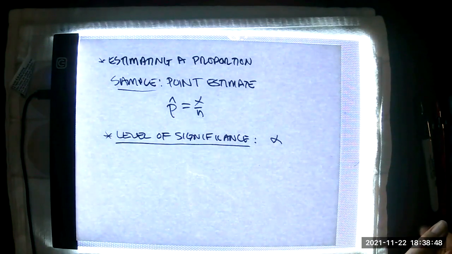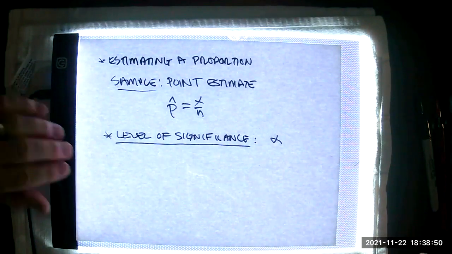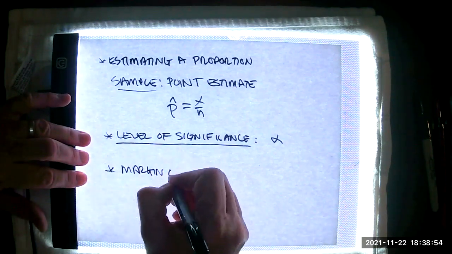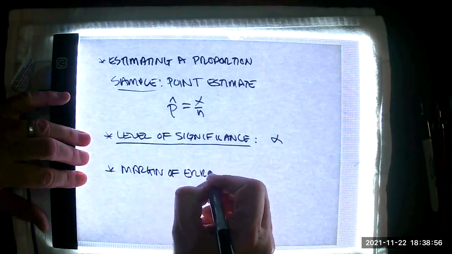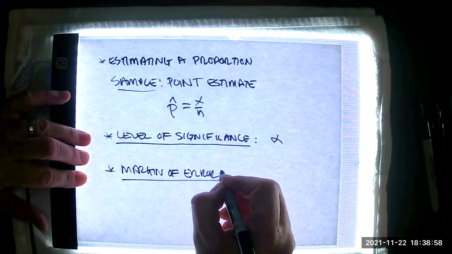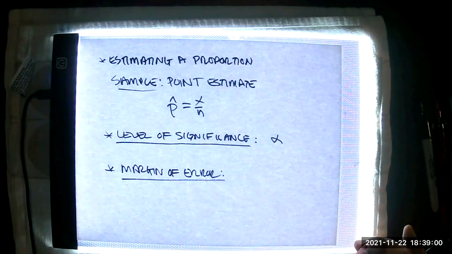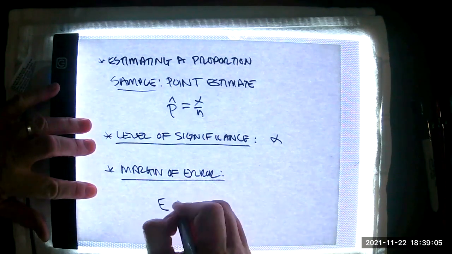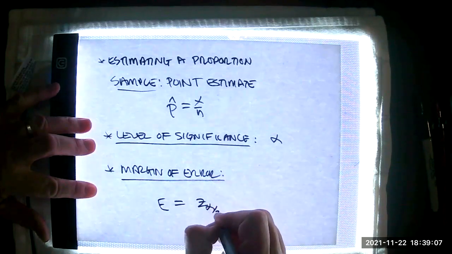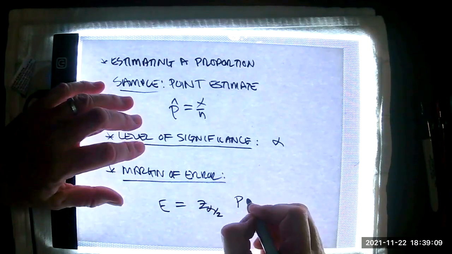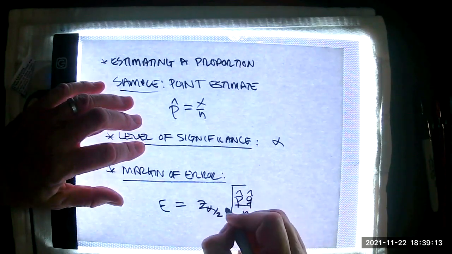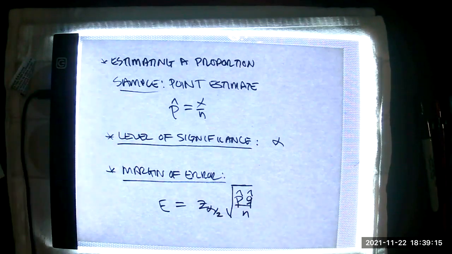And we have the margin of error. And that margin of error depends on that level of significance. And it looks like E equals z alpha over 2 times the square root of p hat q hat over n, all within a radical.